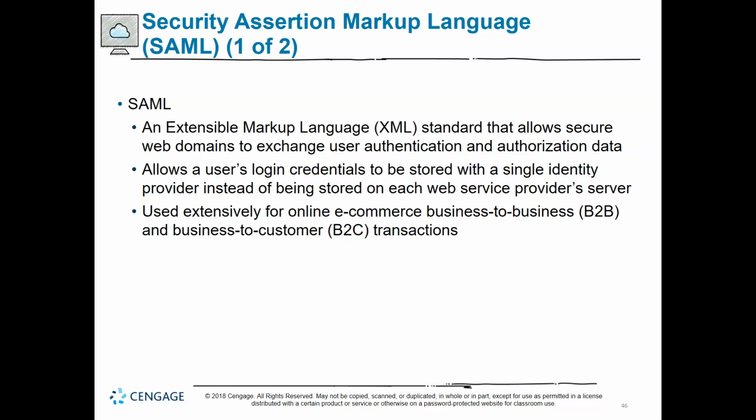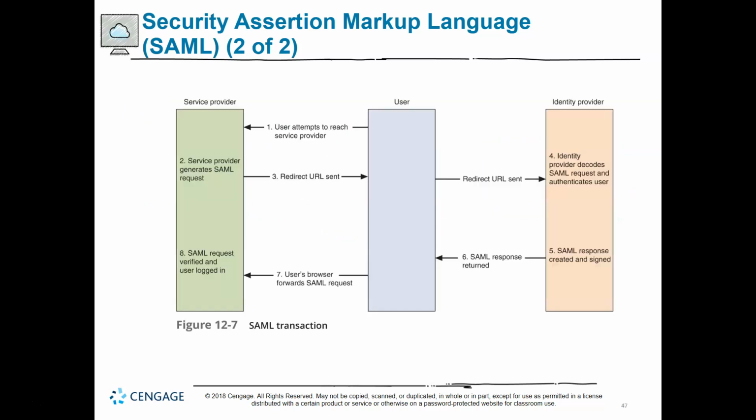So we can also encrypt that entire XML file. It kind of looks like this. And if you remember back long ago when we talked about TCP packets having that handshake, it's kind of similar. If you look at this, we attempt to get a service. It gets a request, sends it back to the identity provider.